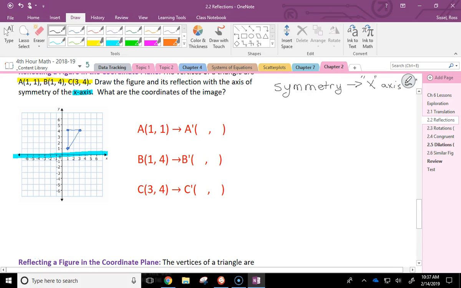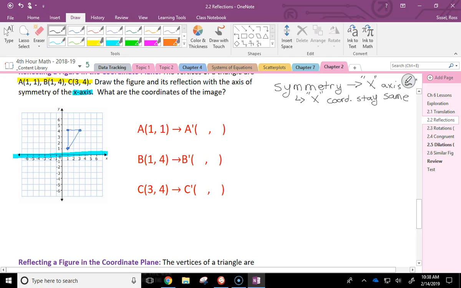If my x-axis is my symmetry, I'm going to put underneath here: x coordinates stay same. So if you ever hear that, I'll say, okay, I'm going to flip on the x-axis. When you look at your coordinates, you're going to say, oh, then my x coordinates will stay the same.